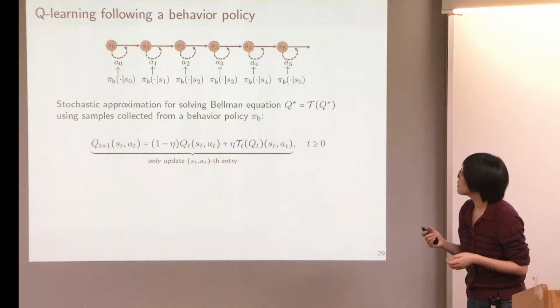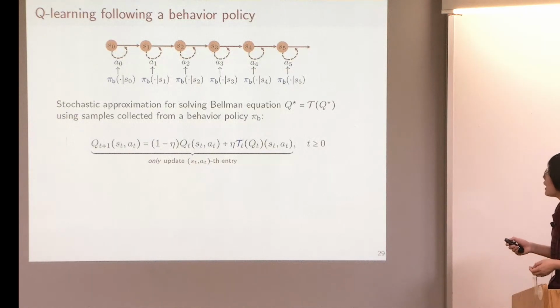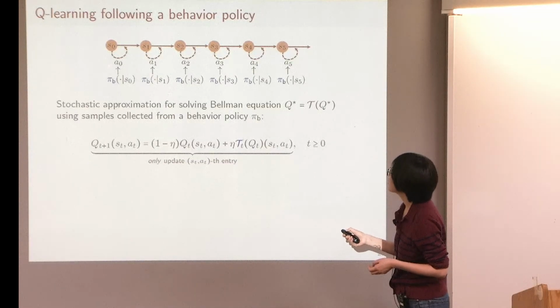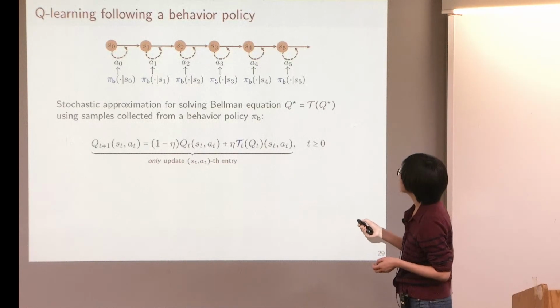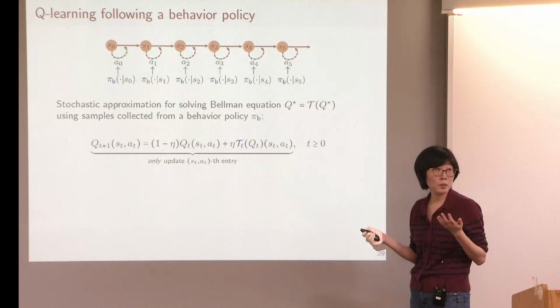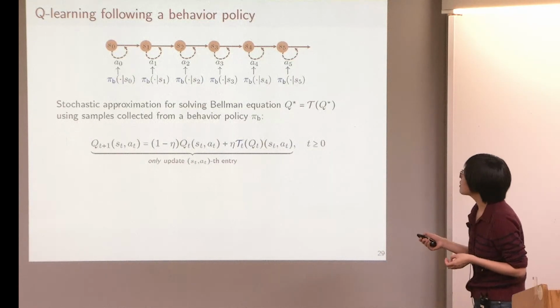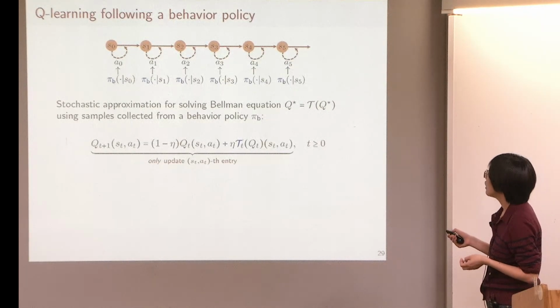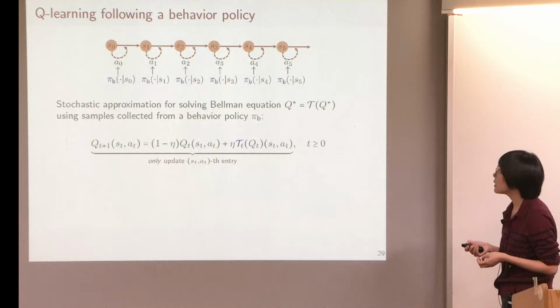So let me tell you a little bit what this algorithm looks like. Imagine that you have some agent that is taking actions according to some behavior policy, which is not necessarily the optimal policy. Then you're still going to use a stochastic approximation approach for solving the Bellman optimality equation.